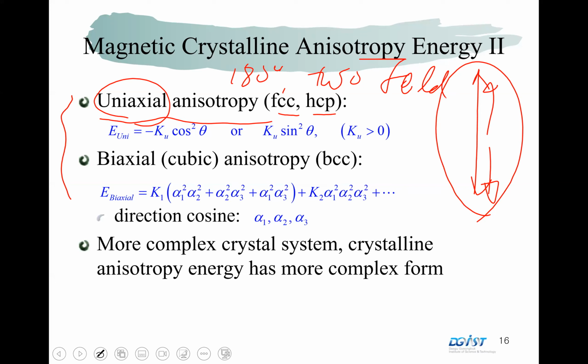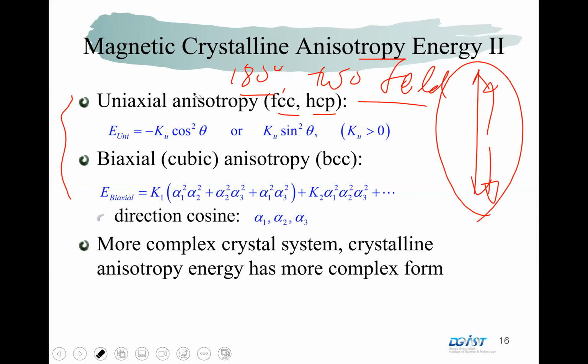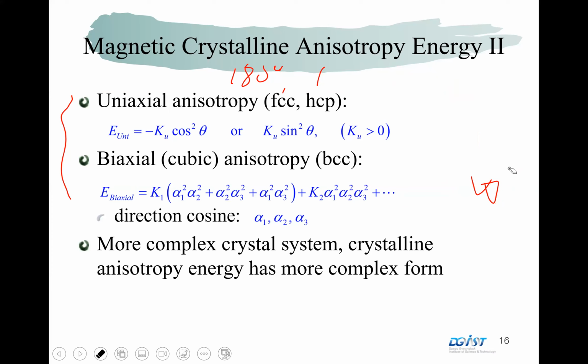And what is the most simple mathematical representation of this symmetry? It is simply cosine square or sine square. This cosine square or sine square representation did not come from very rigorous theoretical models. It's just an empirical law.